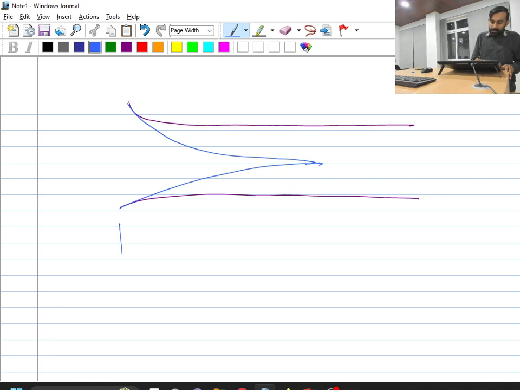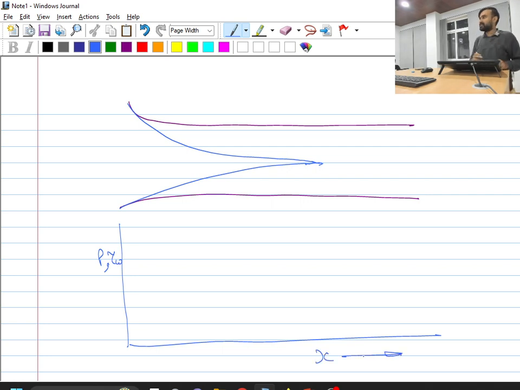So if you want to plot your pressure drop or wall shear stress as a function of the length of the pipe, so this is nothing but the length of the pipe, you will find that the wall shear stress and pressure drop after this point will follow nothing but a straight line relation with the length. Okay, so it will move in a straight line fashion.